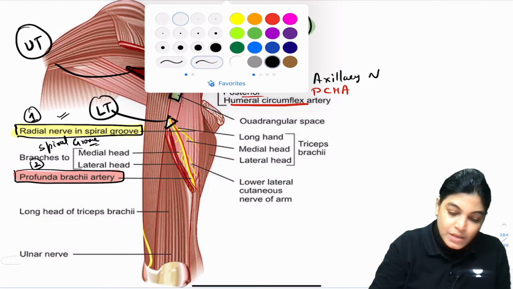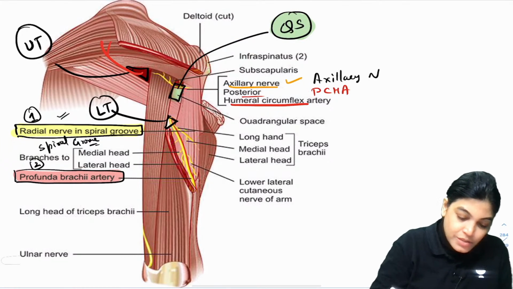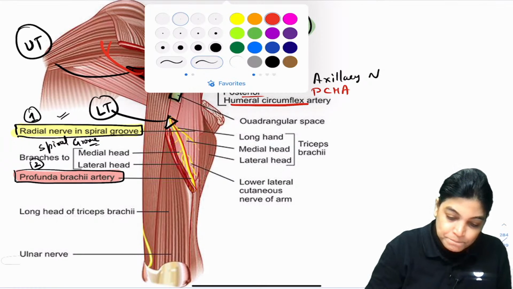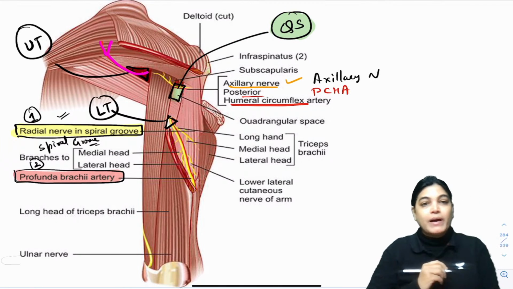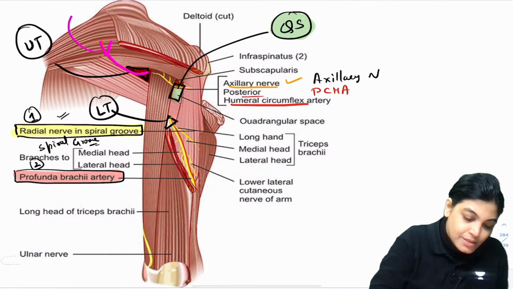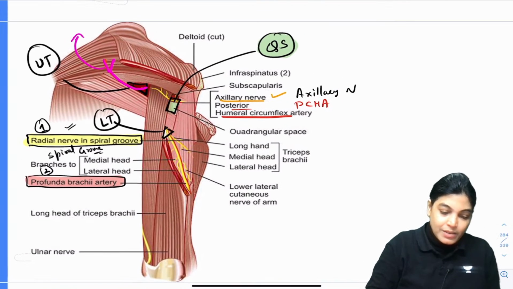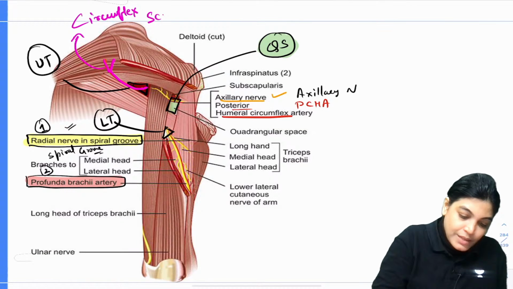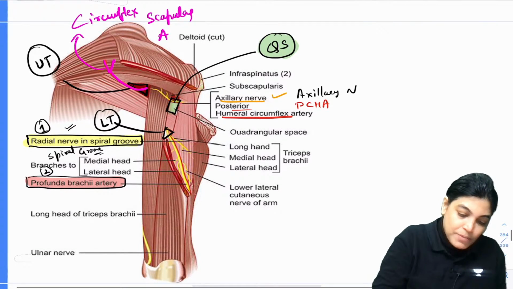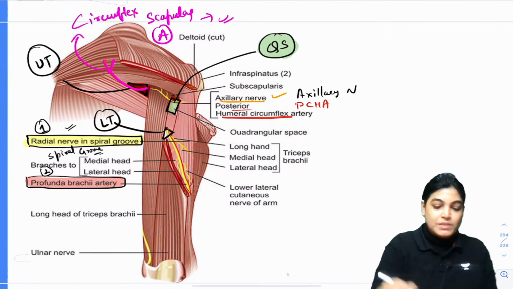And here I just want to add only one structure. Only one structure passes through the upper triangular space, and this is an artery called the circumflex scapular artery. This is the branch of subscapular artery.